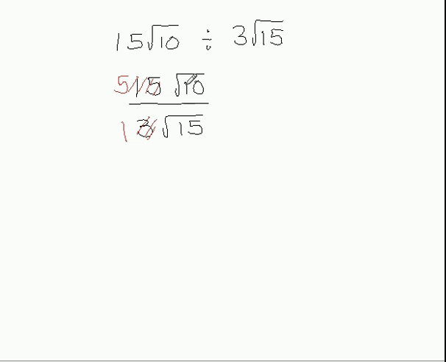Having a look at the surd part, 10 and 15 are both in the 5 times tables, so I can divide both of those parts by 5, pardon me. And then I can just write down the remaining parts. So I've got 5 root 2 left on top, and 1 root 3 down the bottom, or just root 3, like that.